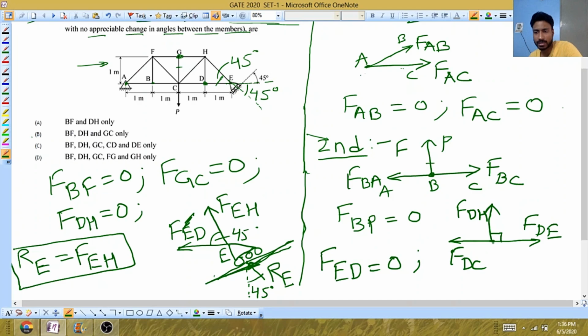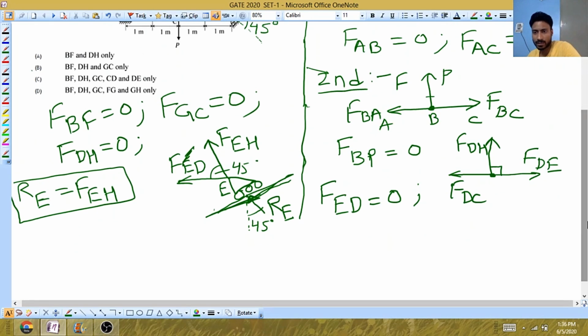So if you apply net force along horizontal direction equals to 0, you will get to know that FDE will be same as FDC. And FED is same as FDE, not a problem.